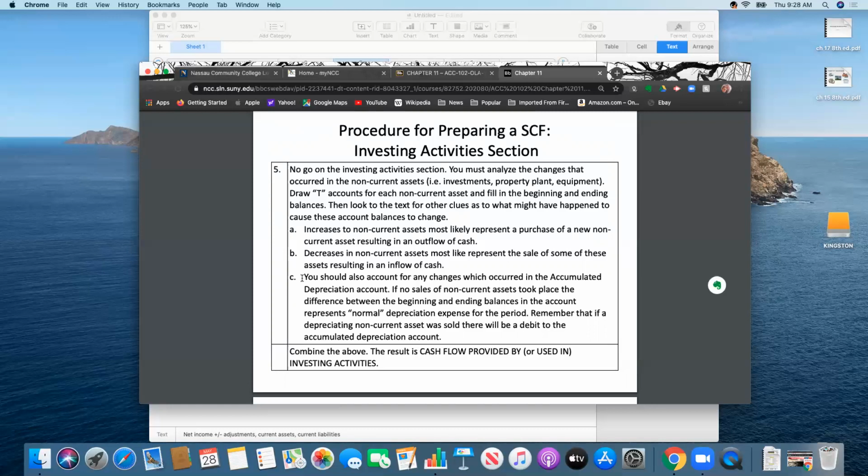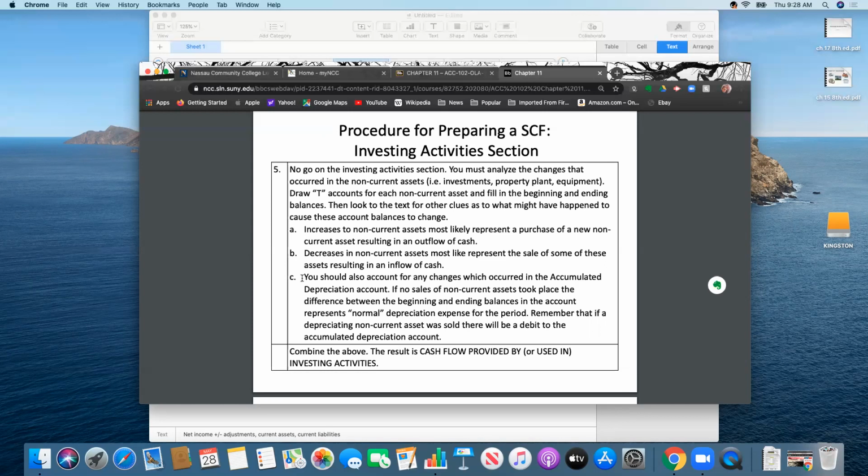But what if they don't tell you? What if they just told you that land went from 10,000 to 8,000? Well, what's the only reason why land can go down? It means you sold it. You sold land with a cost of $2,000. I don't know what you sold it for. That's the other thing you might have to figure out. What if land went from 10 to 12,000 and they don't tell you anything else?